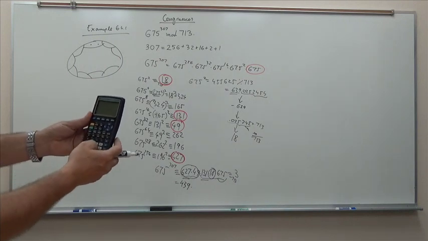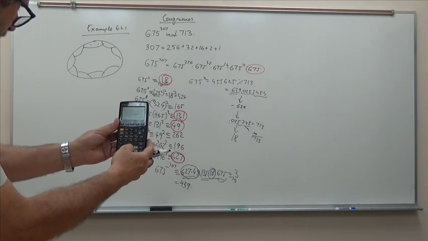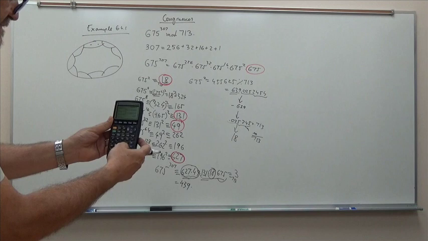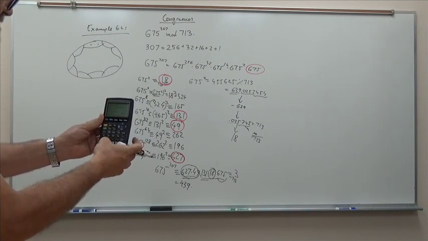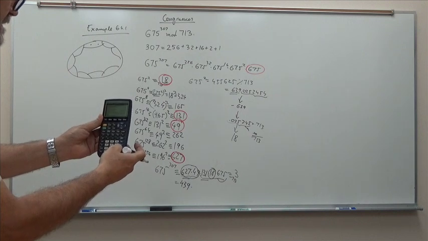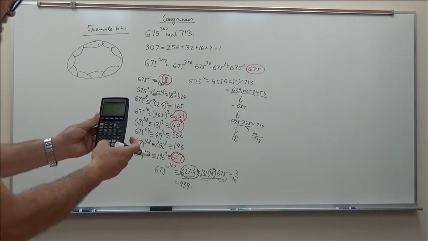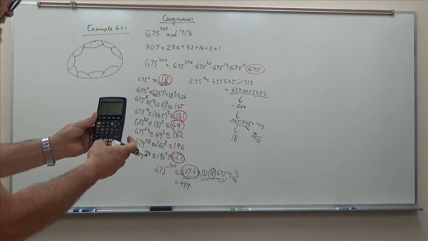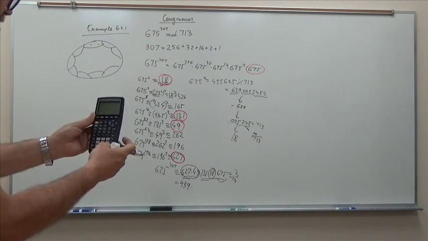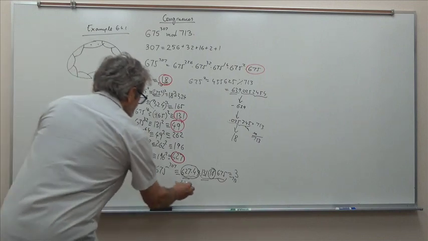Then I'll go 131 times 675, and I'll divide by 713. Subtract 124, multiply by 713, and I got 13.